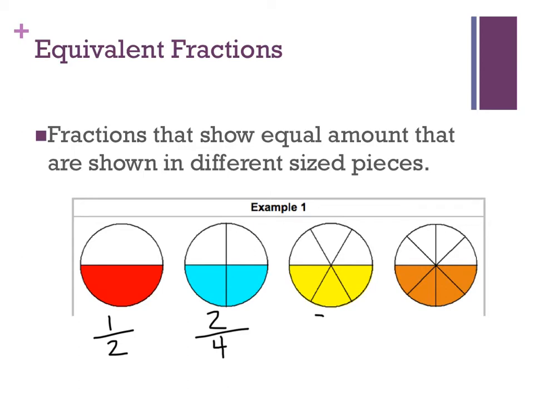In the next one, I have 3 shaded pieces out of 6 total pieces. And in this last one, I have 4 shaded pieces out of 8 total pieces, showing me that 1/2 is equivalent to 2/4, 3/6, or 4/8.